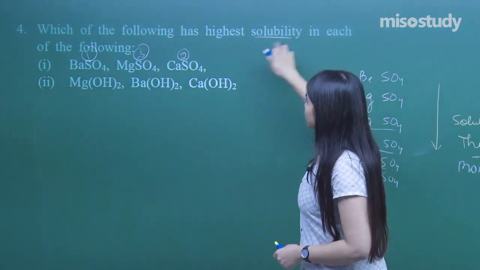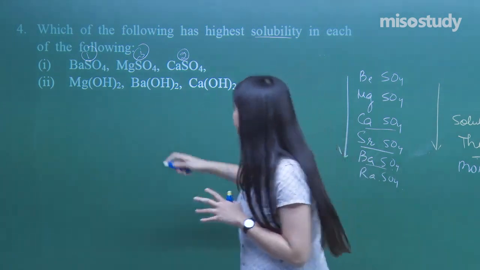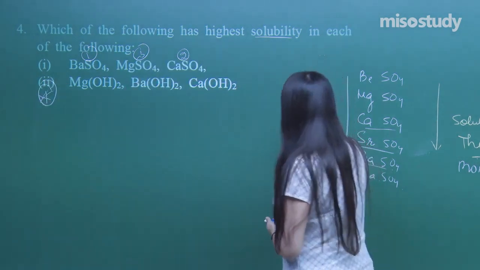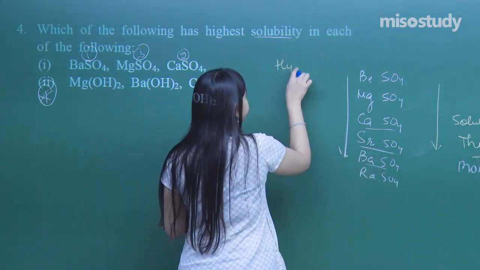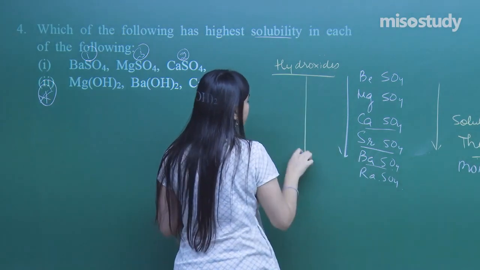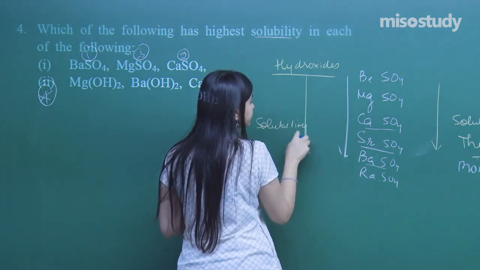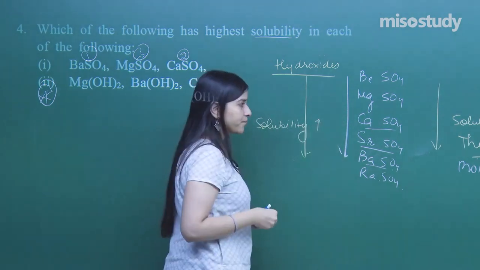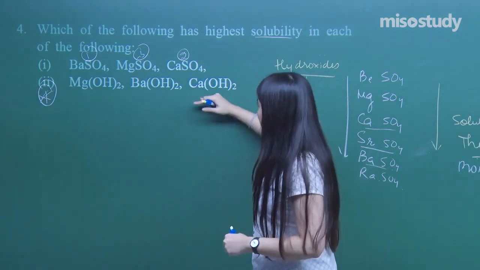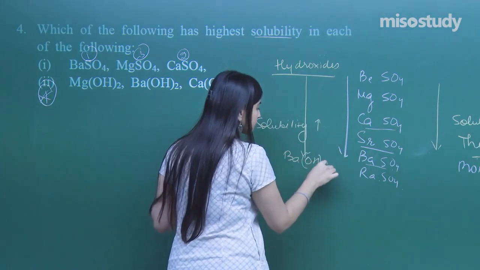Now if I talk about the solubility in the case of hydroxides, it's somewhat different. This is important. And this I have already told you in my session that in case of hydroxides, the order is opposite. In case of hydroxides, the solubility increases down the group, right? Because now, if I move down the group, it will be barium hydroxide basically.